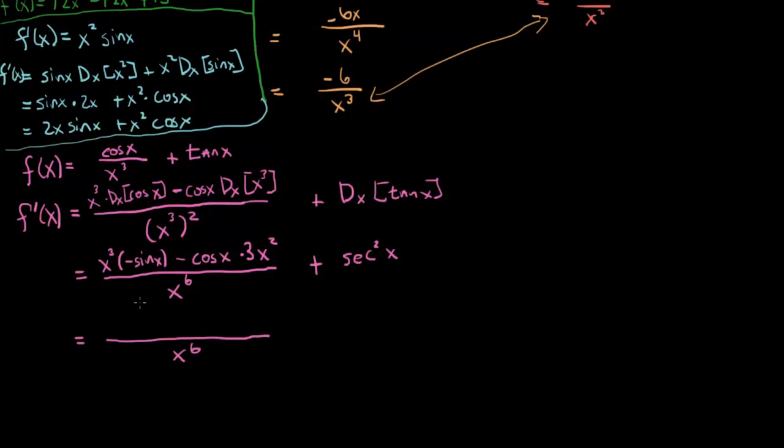Okay, so we have equals, big old quotient here, negative x cubed times sine x minus 3x squared cosine x plus secant squared x.